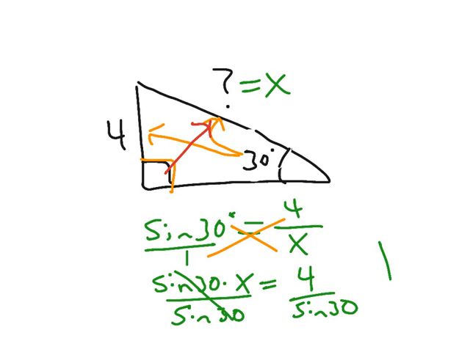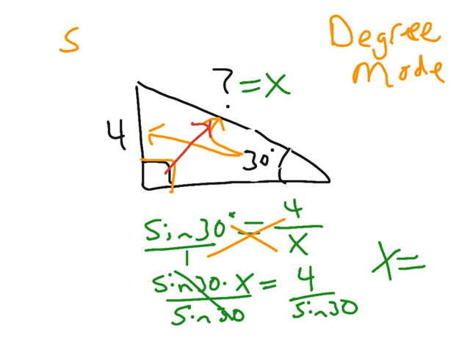Now at this point in time, you need a calculator, and in that calculator you need 3 buttons. The 3 buttons are sine, cosine, and tangent. Look for those buttons right there.